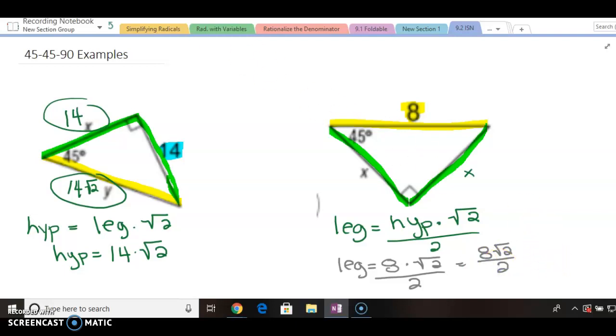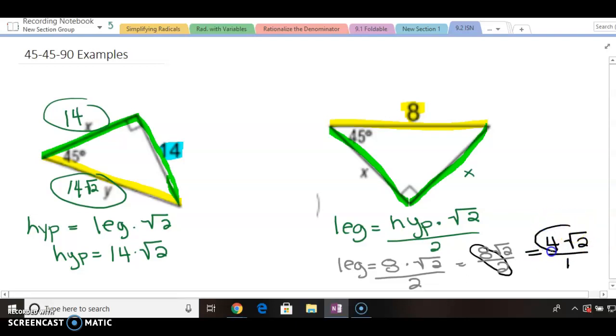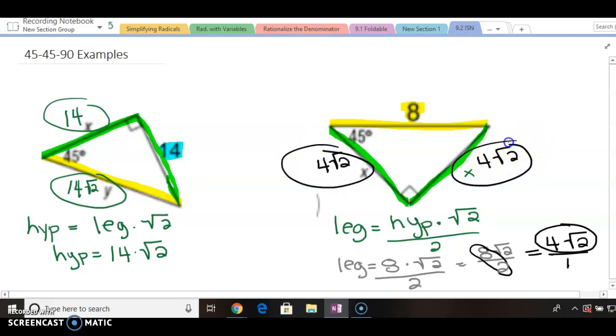And most of you guys can remember from when we simplified radicals, 8 over 2 can simplify to 4 over 1, so just 4 square root of 2 over 1, which is just 4 square root of 2. Okay, so that's my leg. So my leg here is 4 square root of 2. My other leg is 4 square root of 2. And that's all that I need to do.